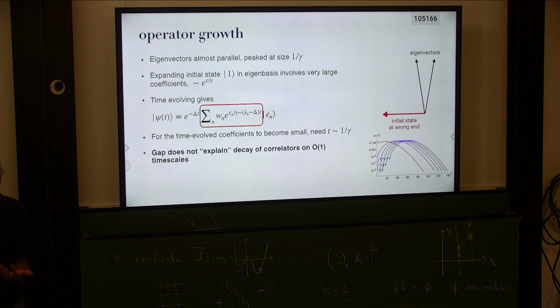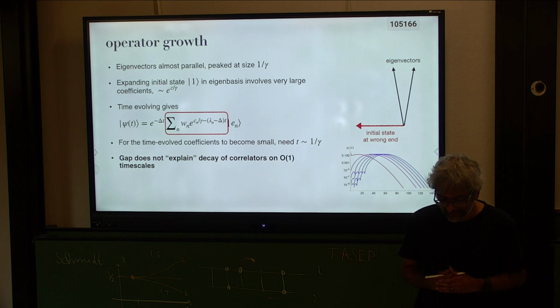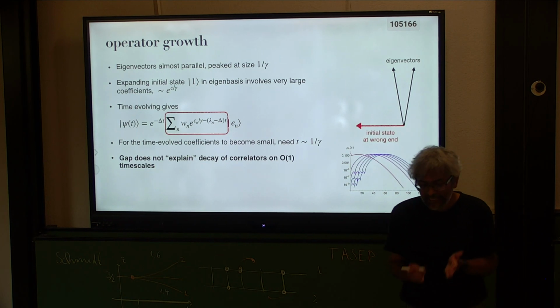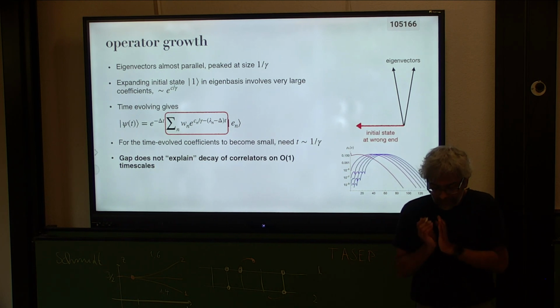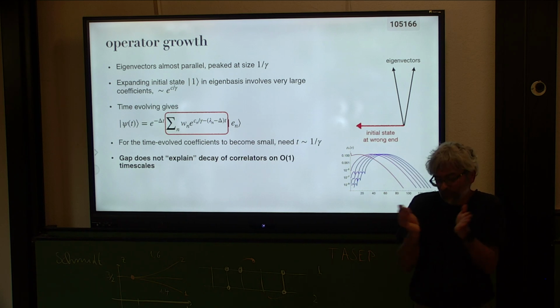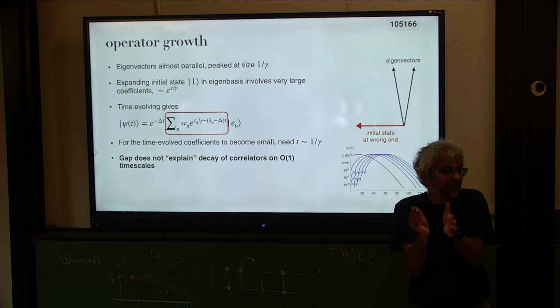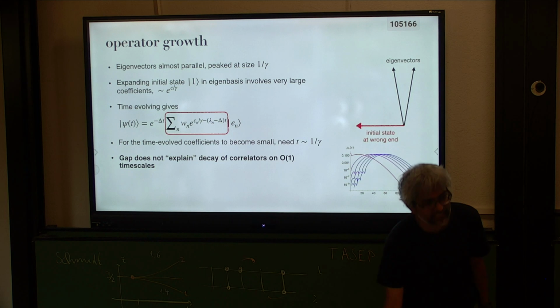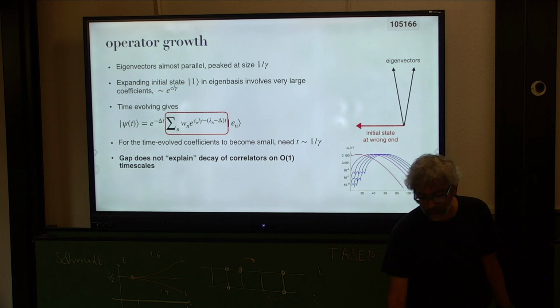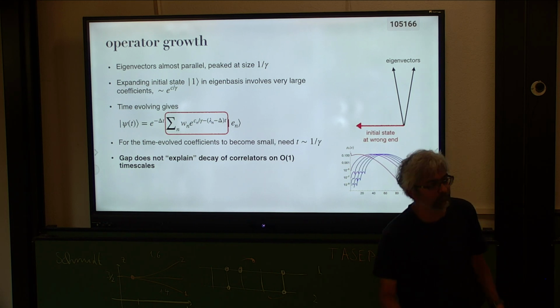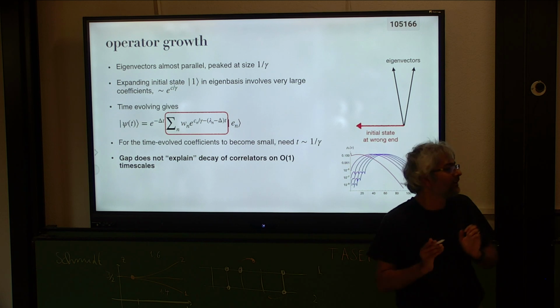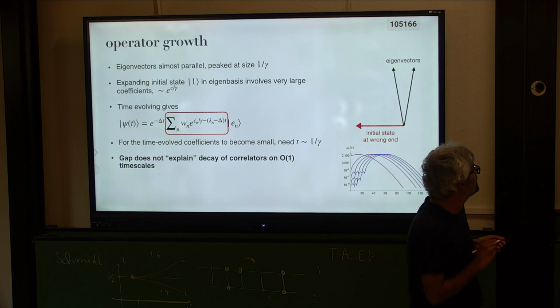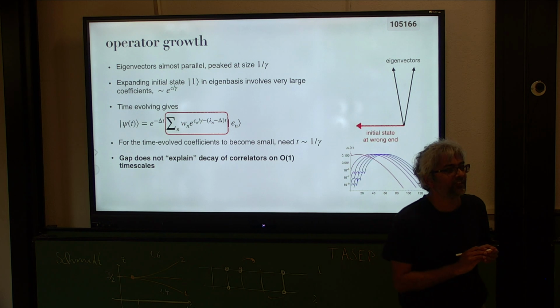The picture here, which some of you might recognize from having done non-Hermitian stuff in the past, is that if you take the eigenvectors of a typical non-Hermitian matrix with a lot of very close to parallel eigenvectors, then if you try to expand a generic state in this eigenbasis, you need giant coefficients because these eigenvectors are pointing almost orthogonal to the state you're trying to expand.